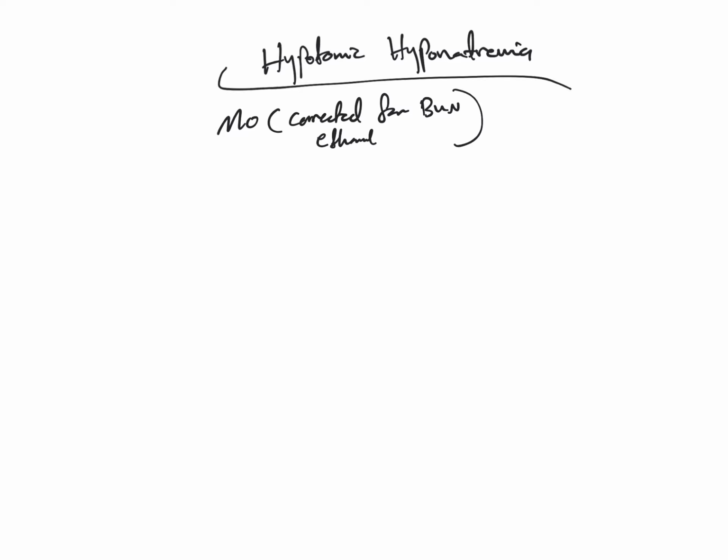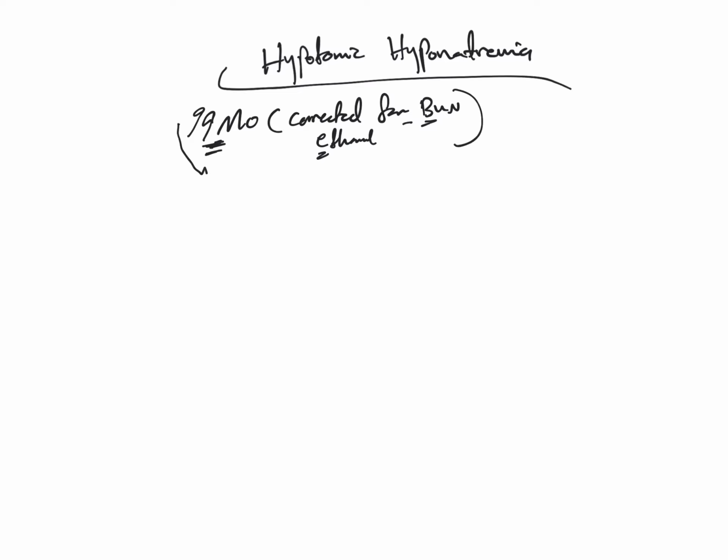It's hard to correct for ethanol, but the presence of ethanol may increase the measured osmolality along with the BUN, and they may create the feeling that we're dealing with isotonic or hypertonic hyponatremia. But when you correct for both, usually we are dealing with hypotonic hyponatremia.